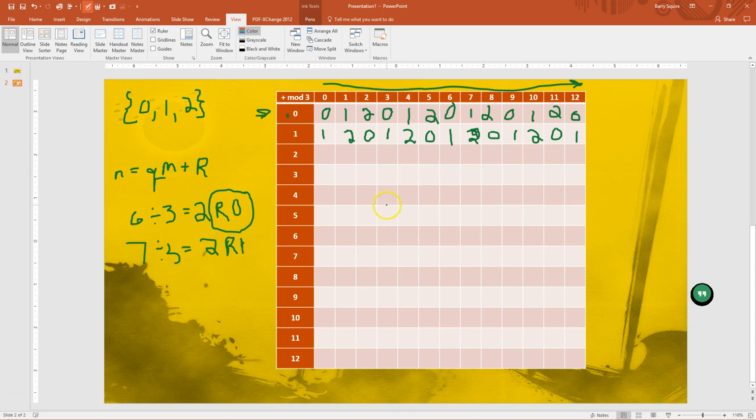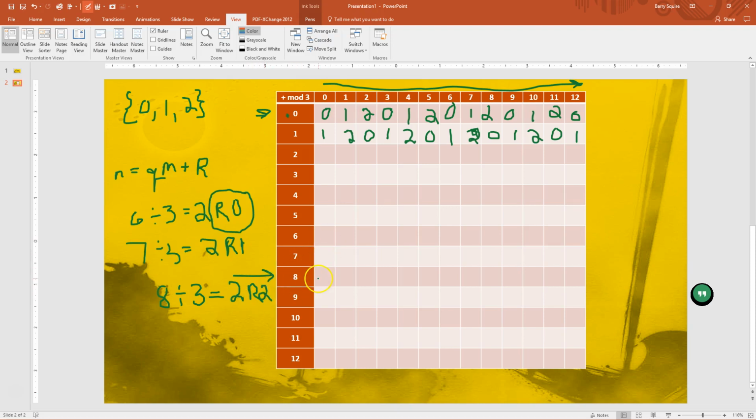Let's skip down a little bit here, and let's take a look at the 8 row. 8 plus 0 is 8. But 8's not an acceptable value. So 8 divided by 3 is going to be 2 with a remainder of 2.